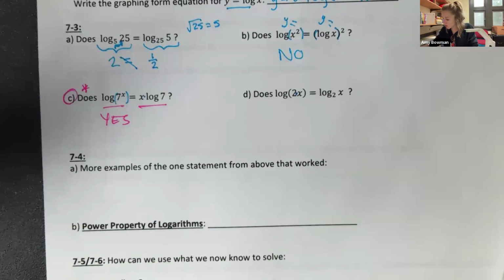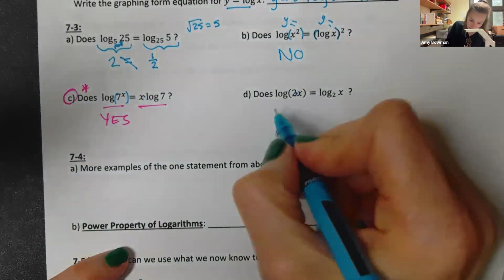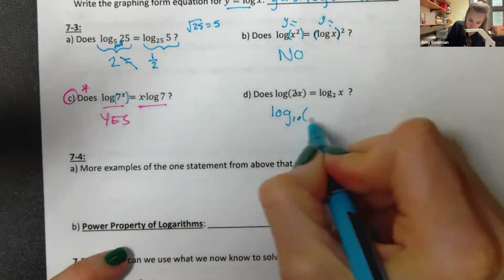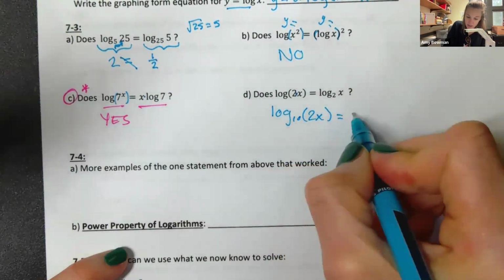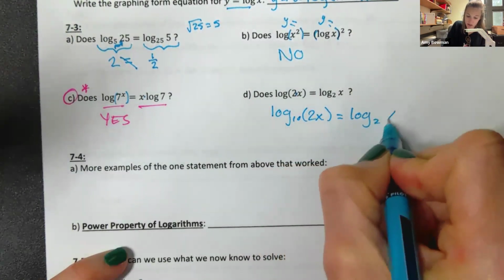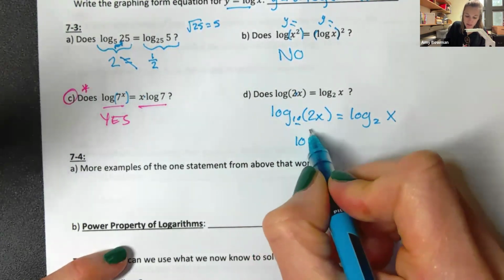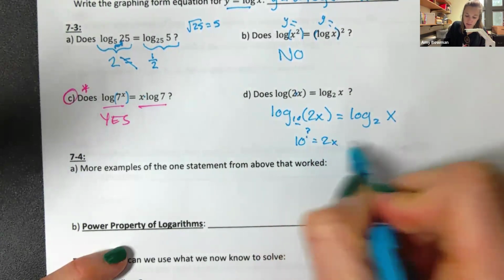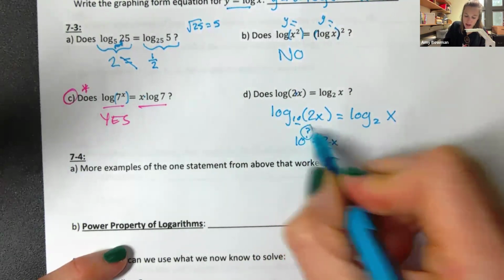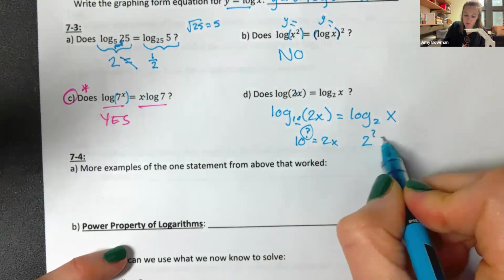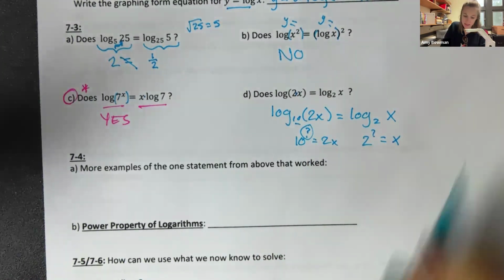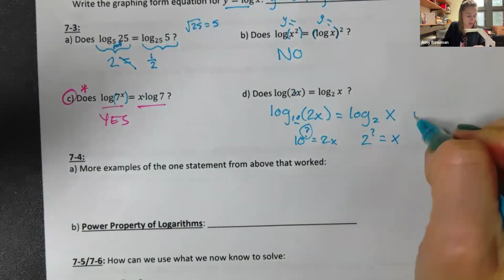This one, I'm not going to show you the graph, but I just want you guys to think of it. Log base 10 of 2x, does that equal log base 2 of x? So 10 to some power equals 2x. Is it going to be the same as the power of 2 that equals x? This is not going to be true ever.